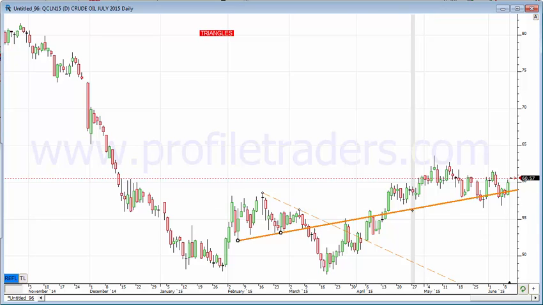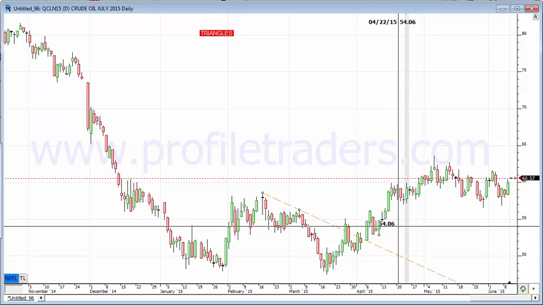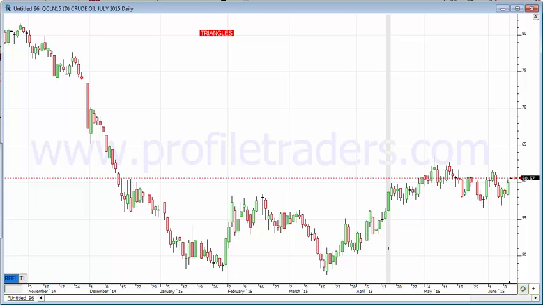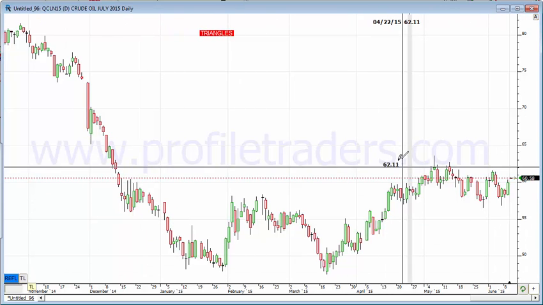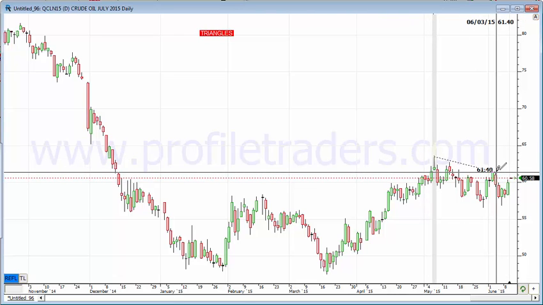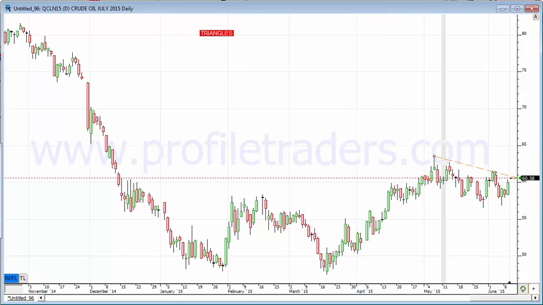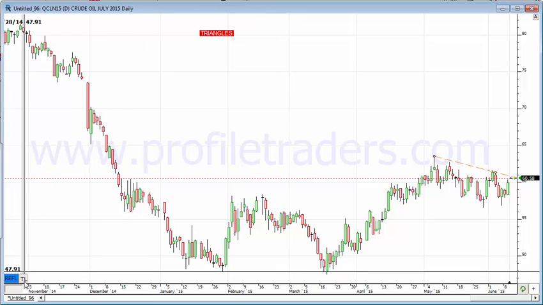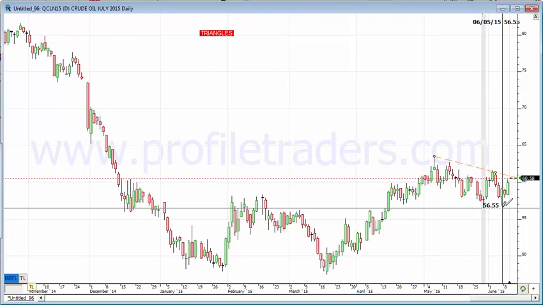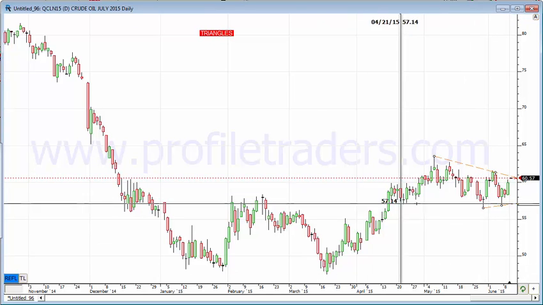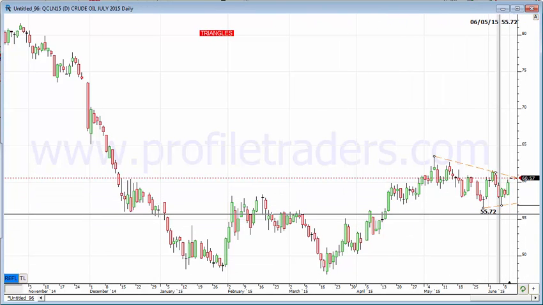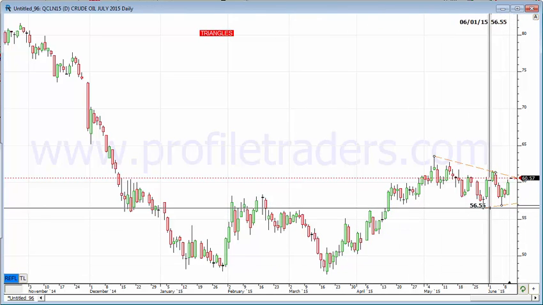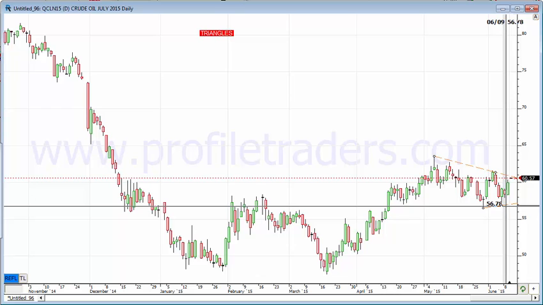So now if I go ahead and delete this one and look at whether there is another triangle here, I can definitely draw, without any hesitation, a resistance line that would already frame half of what I need to draw a triangle. Then I can see that there are two very nice bottoms sticking out here. I can draw these, but these two bottoms are a little bit extreme and they haven't been tested enough.